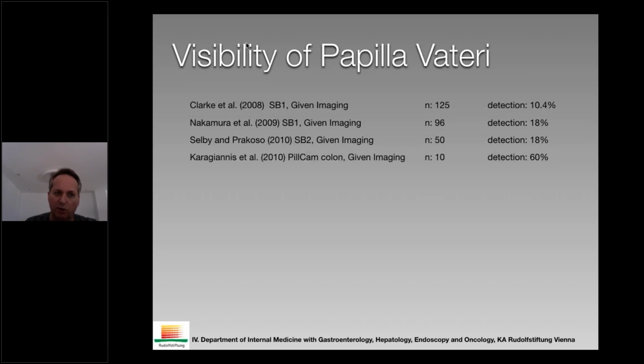There's a really small examination of only 10 cases with a detection rate with a double-headed PillCam colon of 60%. And the first published study from Germany showed, with the 360-degree lateral viewing, a detection of 71%.